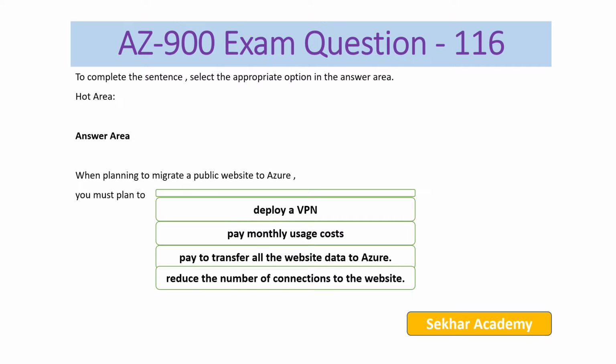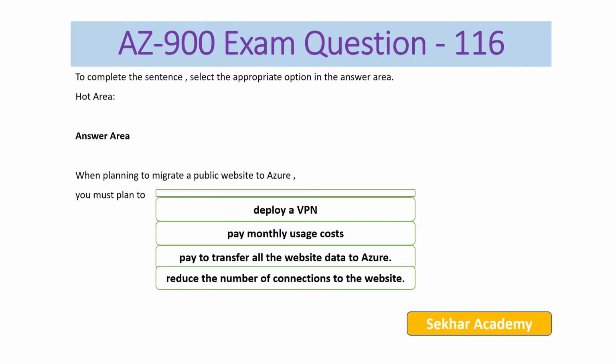Right? So when you are planning to migrate a public website to Azure, you must plan to, right? Usually you are just in the planning, you are just migrating the public website, so you have to think about what are the charges we have to pay to Azure for the website.